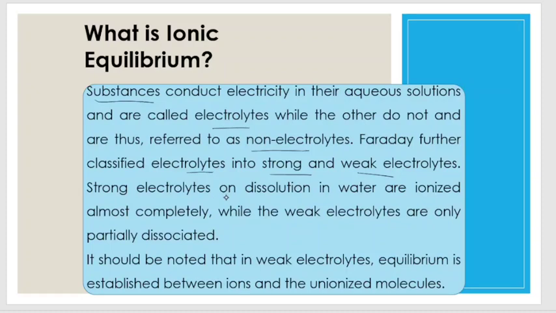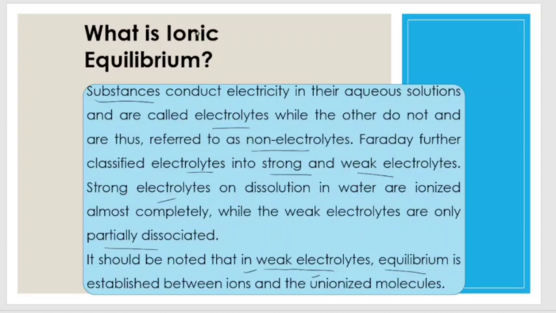Those which dissolve in the water or ionize in the water completely are nothing but strong electrolytes. Weak electrolytes are partially dissociated. Hence, those weak electrolytes readily exist in equilibrium. So, if we consider the weak electrolytes, there exists equilibrium between the ions and unionized molecules. What does it mean?